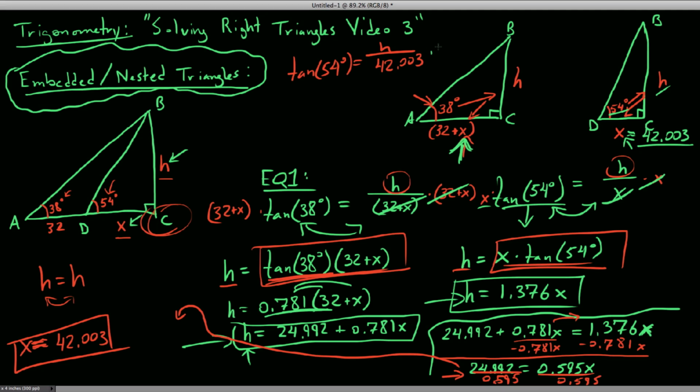To solve this, we multiply both sides by 42.003.